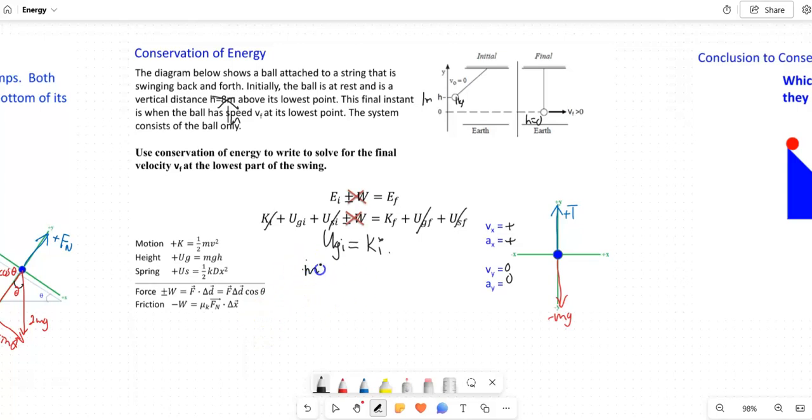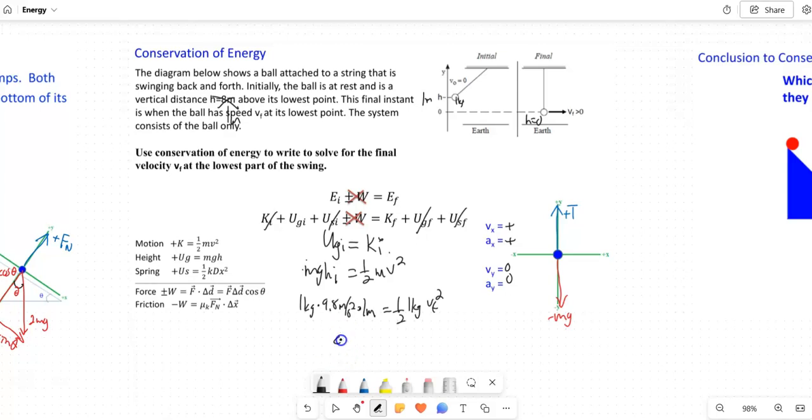And so we have mgh, and that's equal to 1/2 mv squared. The masses actually don't matter, but I'm still going to put in 1 kilogram times 9.8 meters per second squared times the height, which started out 1 meter high, and we have this for 1 kilogram, and then v final squared.